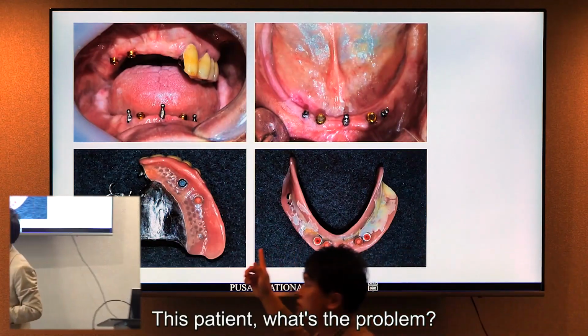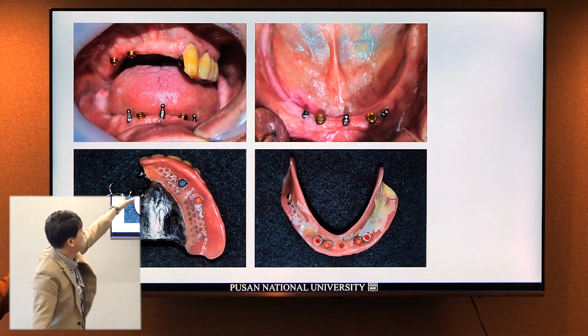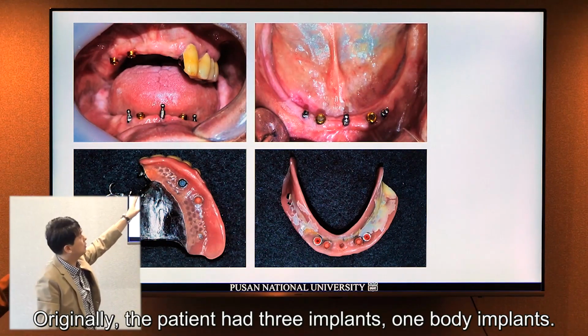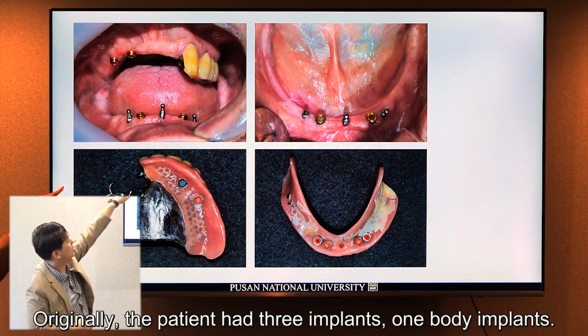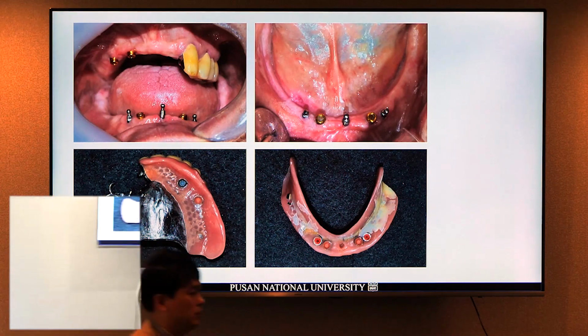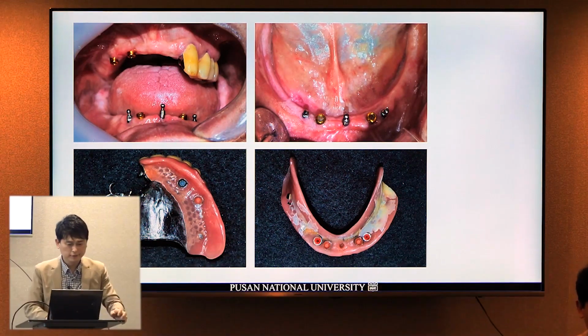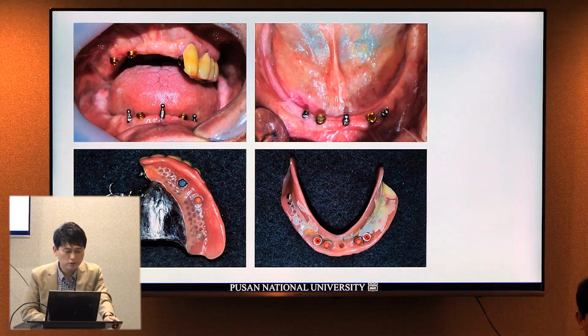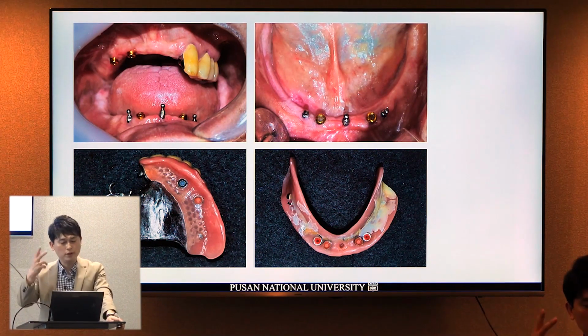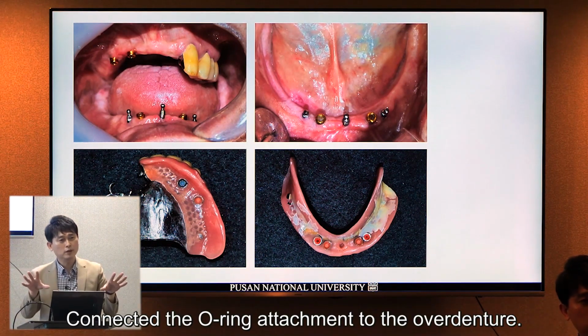This patient, what's the problem? Originally the patient got three one-body implants here. This one, this one, and this one. Three implants, and then connected with an O-ring attachment with the overdenture.